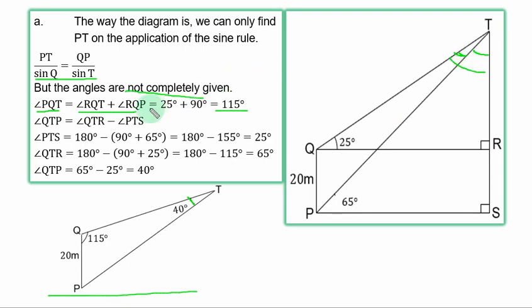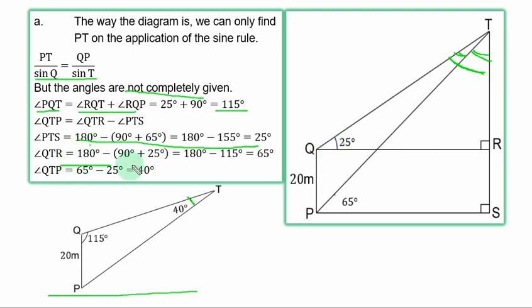When you subtract both, you get this remaining angle. So in triangle PST, you add 90 degrees to 65 degrees and subtract the sum from 180 in order to get this angle, and the result is 25 degrees. To get this entire angle, you add 90 degrees to 25 degrees and subtract the sum from 180 degrees.